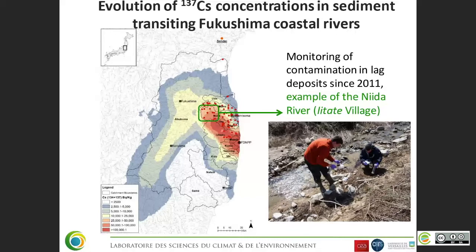Because the system is so erosive, you can select and sample the recent deposits of fine material in the channel. We did this as surrogates during the first campaigns, and then we continued because it was very easy and convenient to monitor many points, covering a significant part of the main radioactive plume.